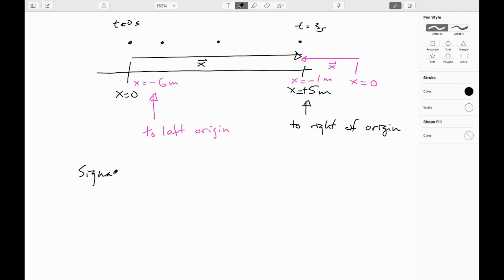So if you don't say otherwise, we'll assume that plus means to the right of the origin and minus means to the left of the origin. But you are free to write your own rules on that. If you want to say that you consider left to be positive, as long as you explicitly state that, most physicists will be okay with that.